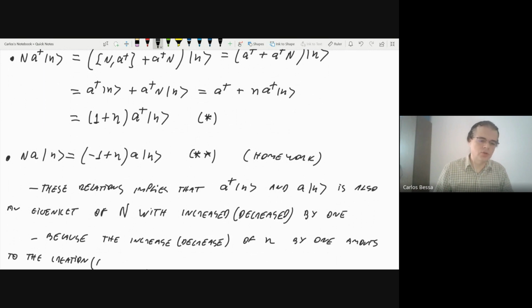So the creation or the annihilation of one quantum unity of energy h bar.